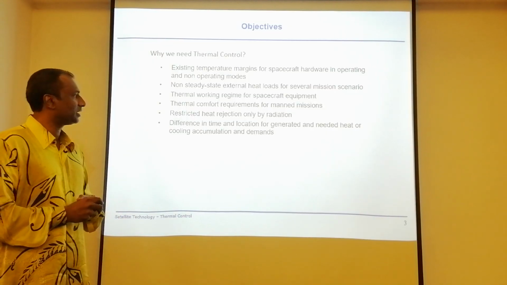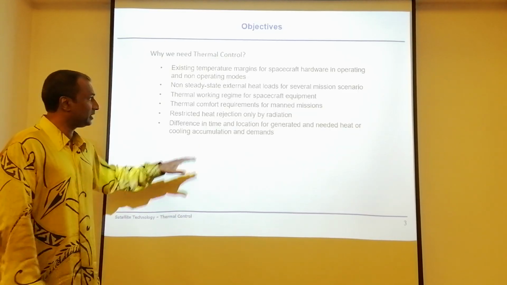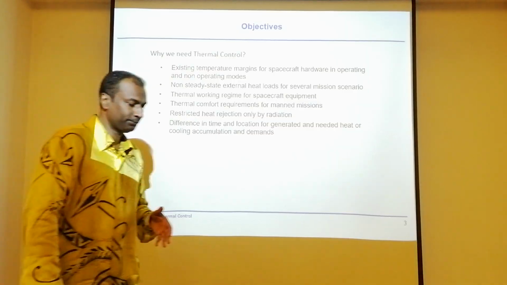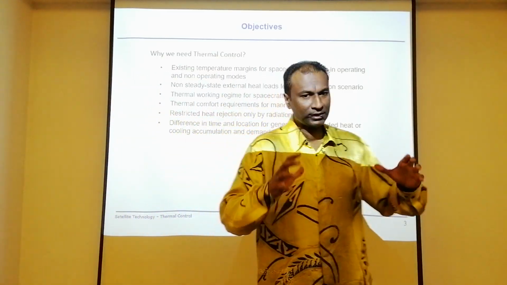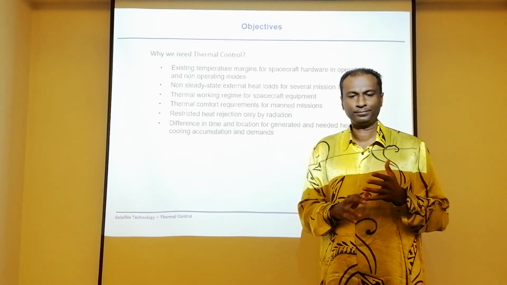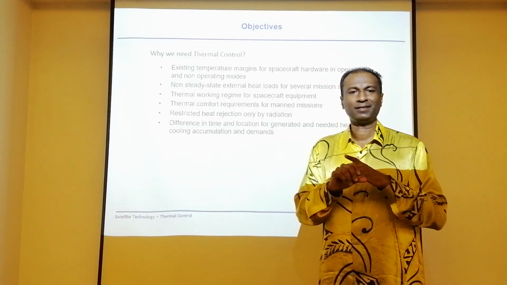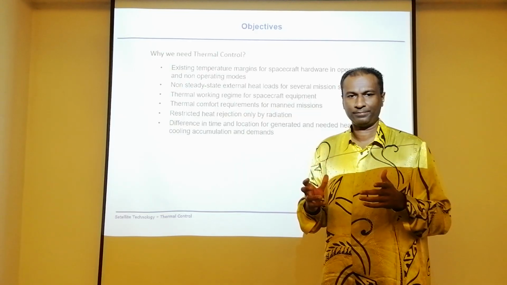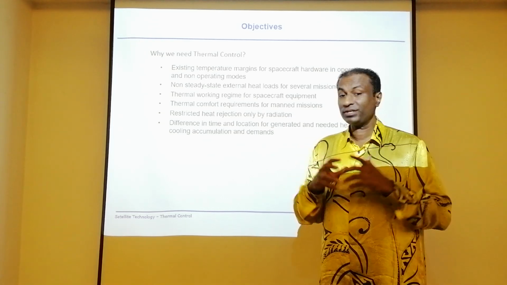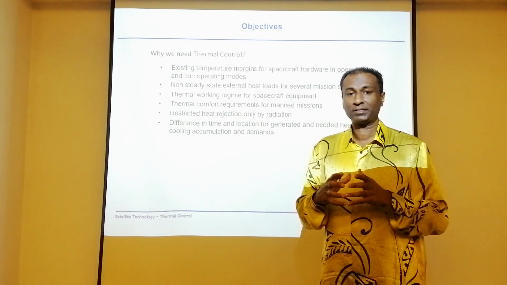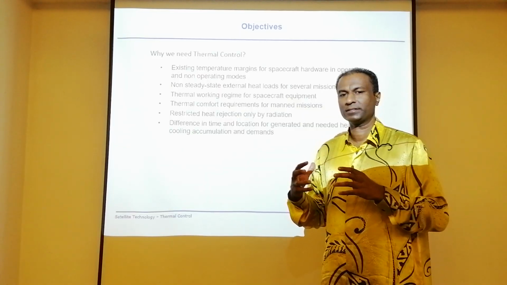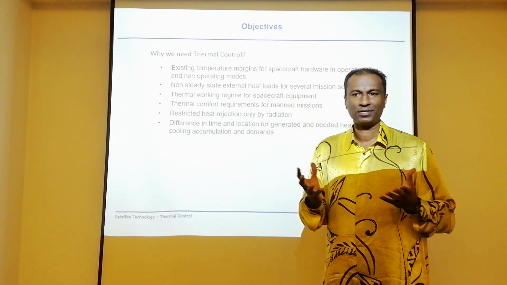Then you have restricted heat rejection. This is a very important element that all of you have to remember. Within the spacecraft, we know there are the fundamentals of conduction, convection, and radiation. These are the three modes by which heat transfer can occur. All three can happen within the spacecraft, but from the spacecraft to space, there is only one mode: radiation only.